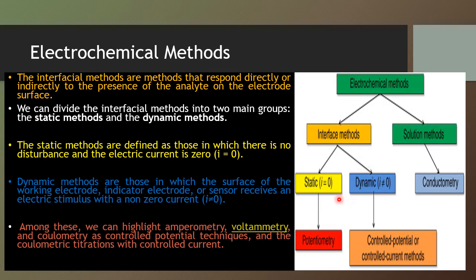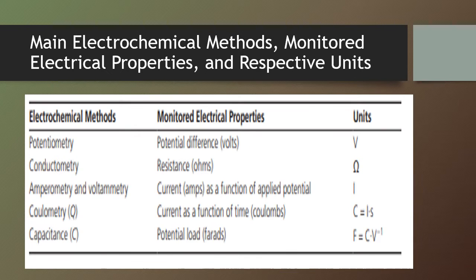But in dynamic electrical methods, we will study what? The flow of current. Means we will determine the electric property by the flow of current. Due to the flow of current, the electrical properties can be studied. And their examples are voltammetry, amperometry, and so on.